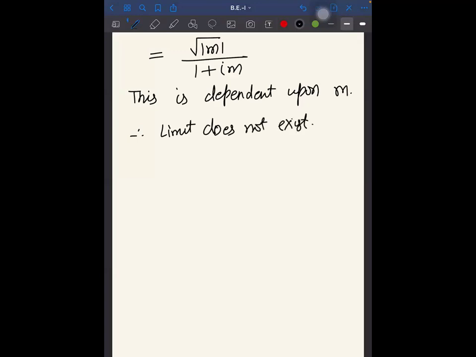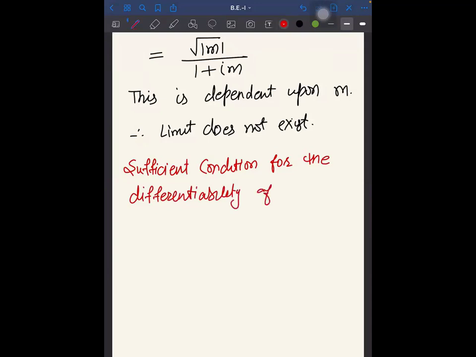Now, this was the necessary condition, but this is not the complete condition. So what should be the complete condition in order to check whether the function is differentiable at a given point or not? Sufficient condition for the differentiability of f(z). So this was a necessary condition, the CR condition.